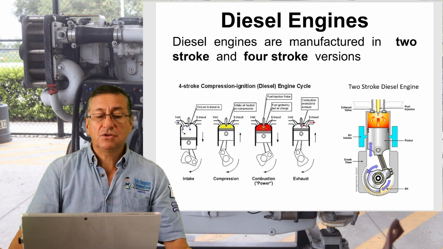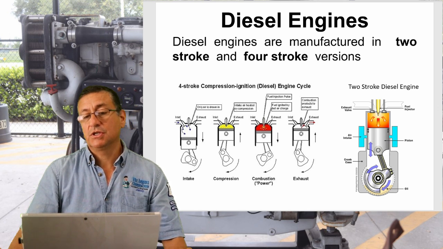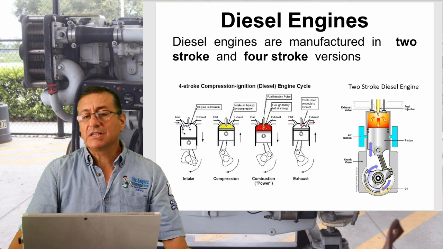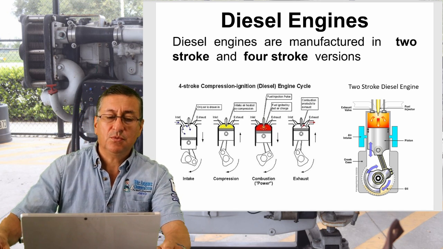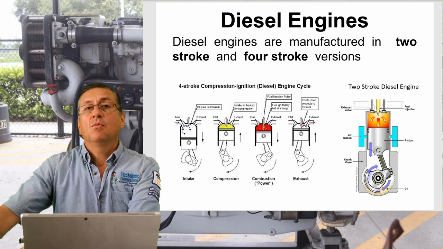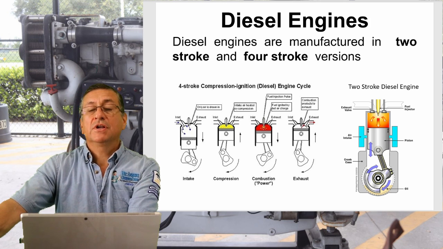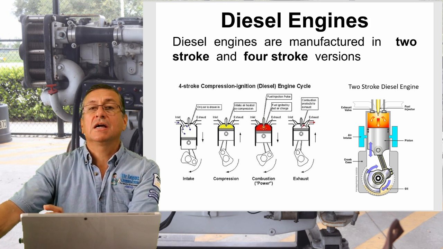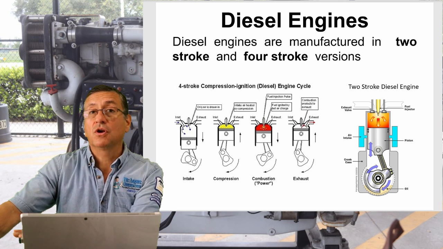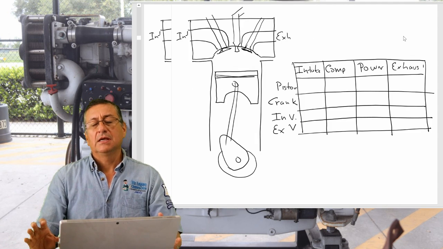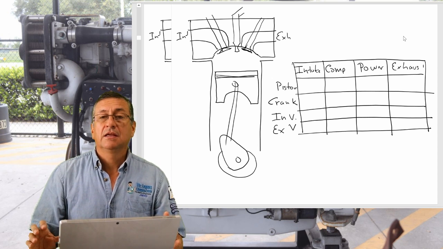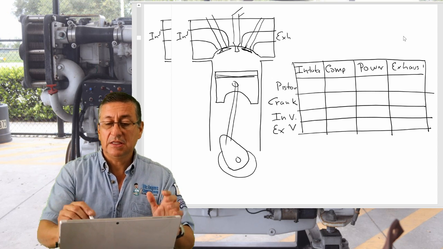There are 2 versions, 2 strokes and 4 strokes. Okay, in order to understand easily that situation, I am going to explain what is the difference between 2 strokes and 4 strokes. And right now, I am going to start with the explanation of 4 strokes. Okay, guys, in order to understand the 4 strokes, I prepared this slide.